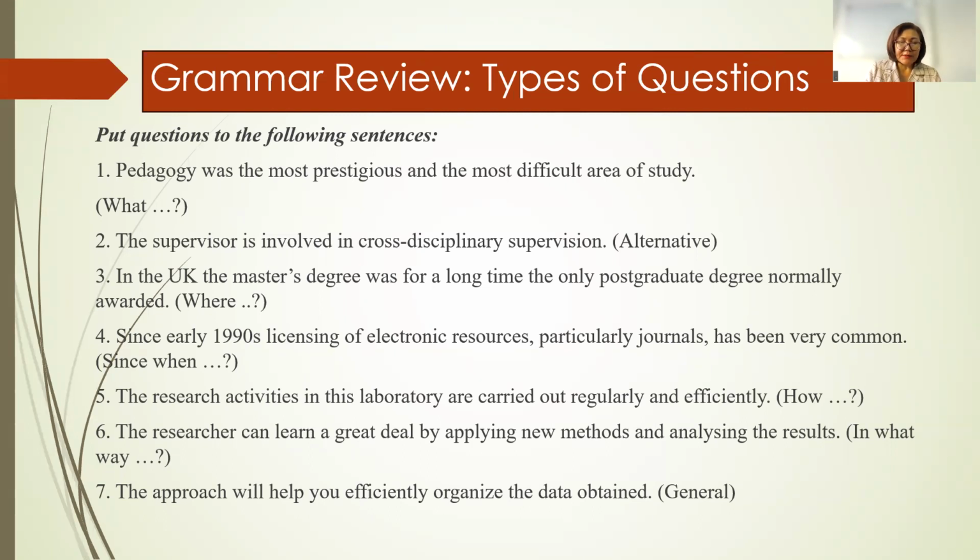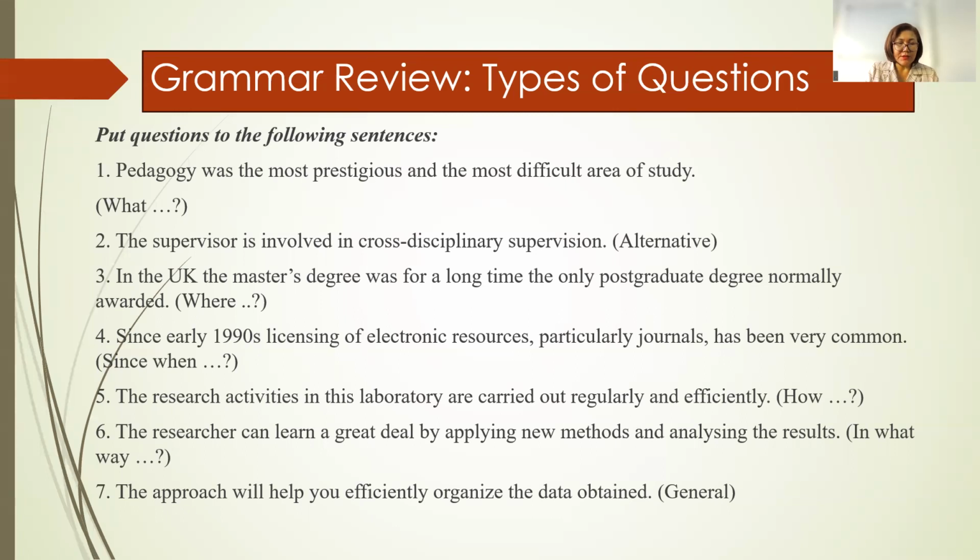Okay, next sentence. Let's try to put the question. The research activities in the laboratory are carried out regularly and efficiently. How are research activities carried out, you can say.